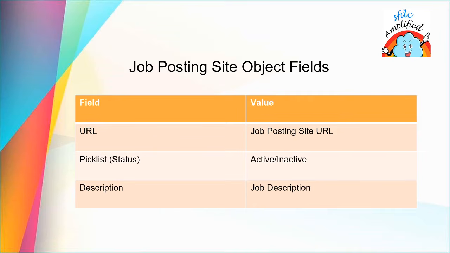The first field will be selected as a URL type, just to post the URL for the posting site. The second is where we can choose between active and inactive values. Such fields are called picklists in Salesforce. And the third one is just a text field, description, where we can write a job description.